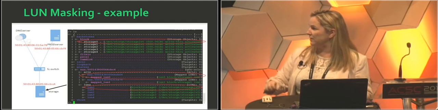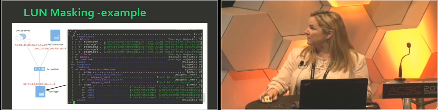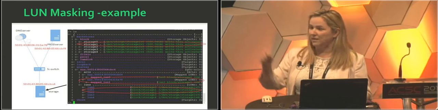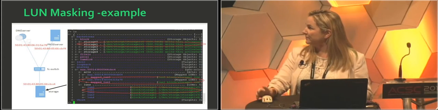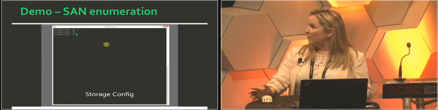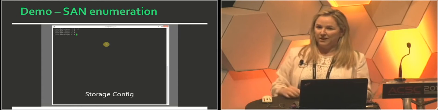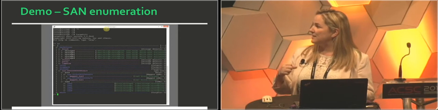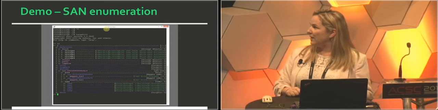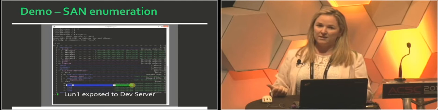Down here you can see block storage 0 has been mapped to LUN 0, and then mapped LUN 0 is now being mapped to an ACL. It's actually being exposed to the WWN that ends with CBF4, which is my prod server. And likewise, storage 1, LUN 1 to the other server. So that's the LUN masking and how it works.